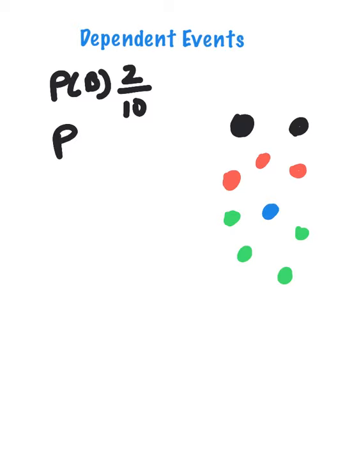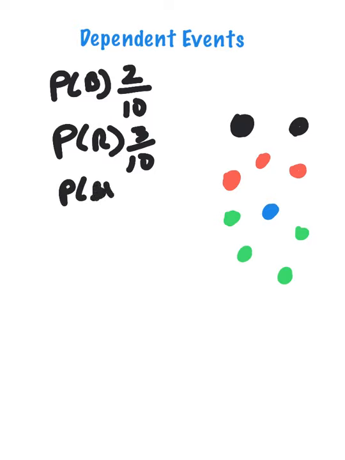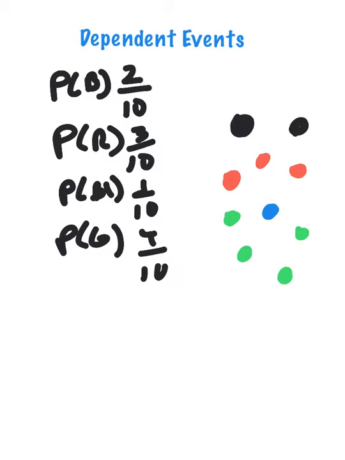The probability of getting a red is 3 out of 10. The probability of getting a blue is 1 out of 10. The probability of getting a green is 4 out of 10. So that's kind of the first ones. That's really not that bad of finding out those things. But then once you get into more than one event, that's where it gets a little tricky.